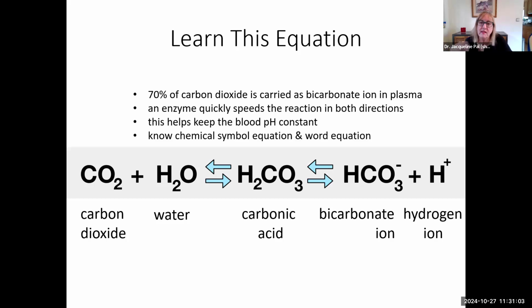So learn this equation today. And remember, you're just starting with water and CO2. Come up with your middle carbonic acid, take away your hydrogen ion, subtract that, and what you're left with is going to be your bicarbonate ion. And this is our major buffer system in our blood.